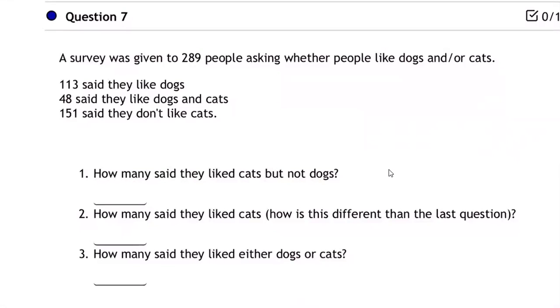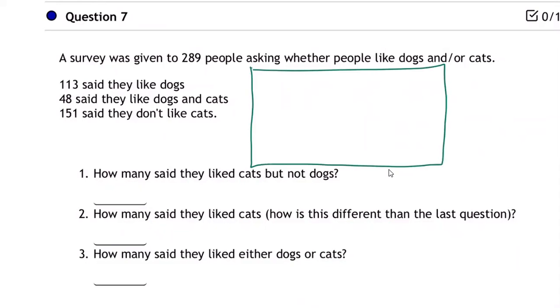So let's do it. I'm going to come over here and draw a box. I'm going to put a couple circles in it.